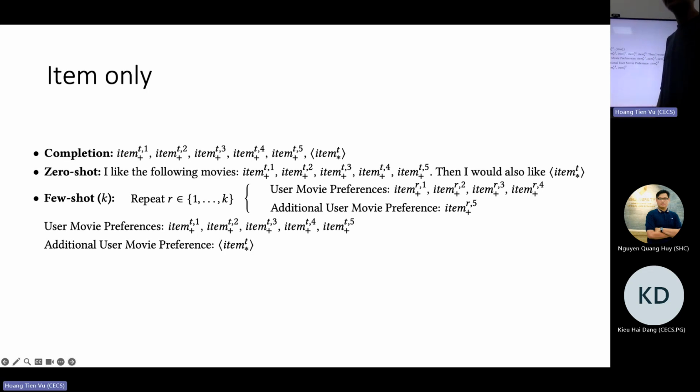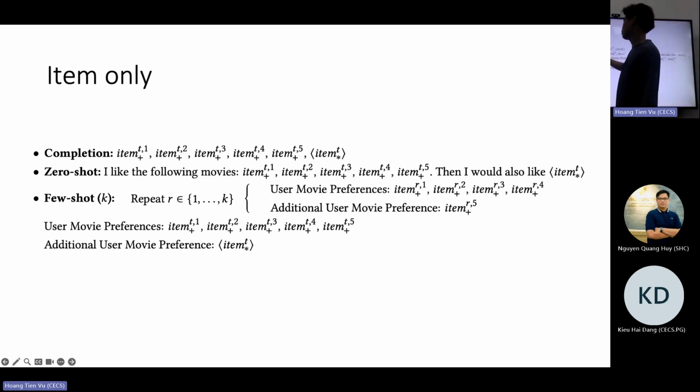So what is the difference between these three tasks? Because I can summarize that as: I give you some items I prefer, so what is the next item I want to see, right? Yes, it's the general purpose, but in this case we have different input and output. For example, in this case we only give the large language model the 5 special tokens.